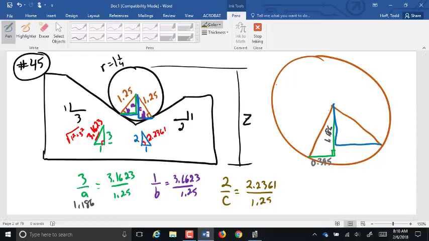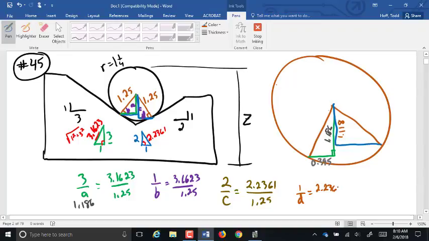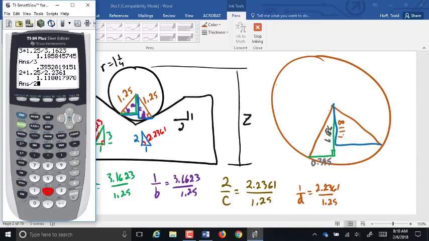So that is C. And for D, 1 is to D as 2.2361 is to 1.5. So 0.559.